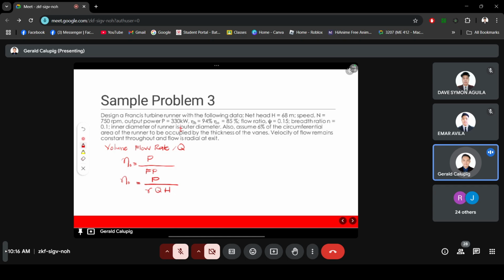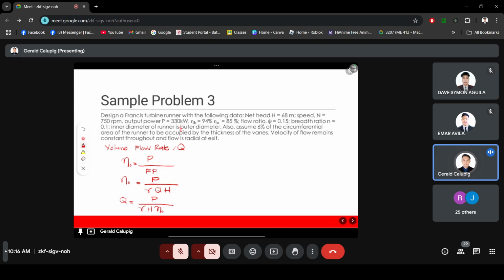Okay. So let's derive the formula for Q using this equation. We can have Q is equal to P over specific weight times H times the overall efficiency.